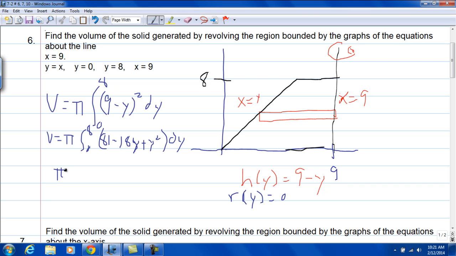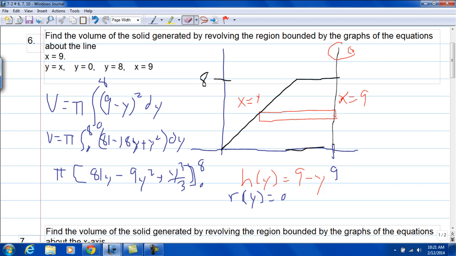So it's going to be pi times 81y minus 9y squared plus y cubed over 3, and it's going to go from 0 to 8. Sorry, using this new tablet is a little awkward.